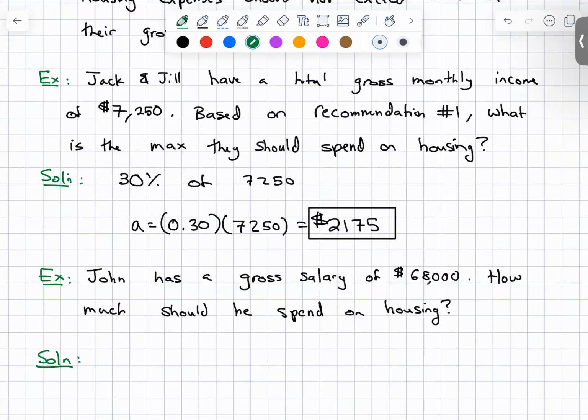Let's write it down. We're given salary, but we need monthly income. That's not too terrible to find. All we need to do is take his gross salary, his yearly amount, and divide it over 12 months.